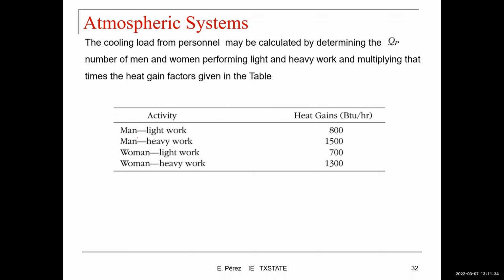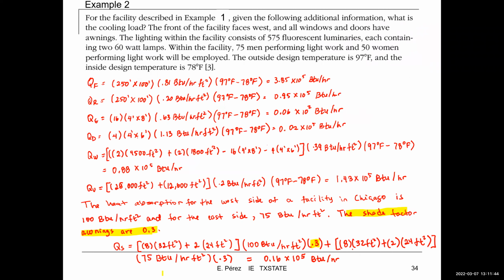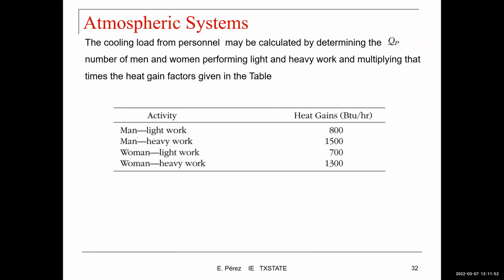QP is the number of men and women performing light and heavy work, multiplied by the heat gain factors given in this table. In this case, we have 75 men performing light work and 50 women also performing light work. So the parameters that we're going to use are based on light work, so it's 700 and 800.